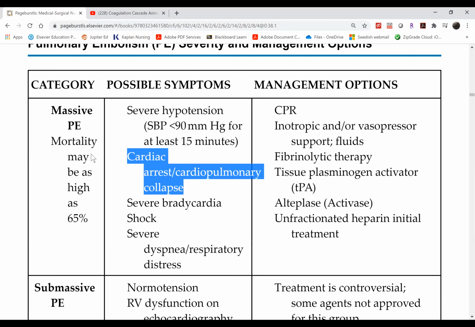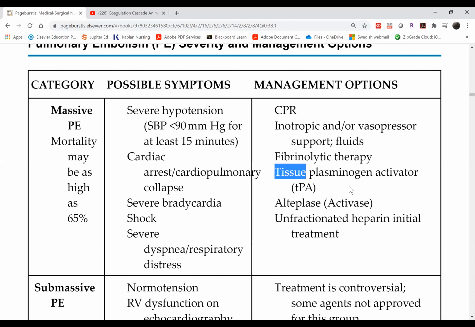The PE itself is really just treated with anticoagulants and TPA. We already finished why we give a TPA. This is of course to dissolve the clot, because here in the massive PE, can we wait for the body to naturally dissolve the blood clots on its own?